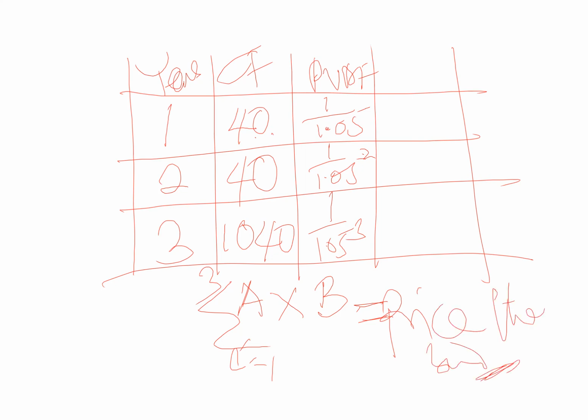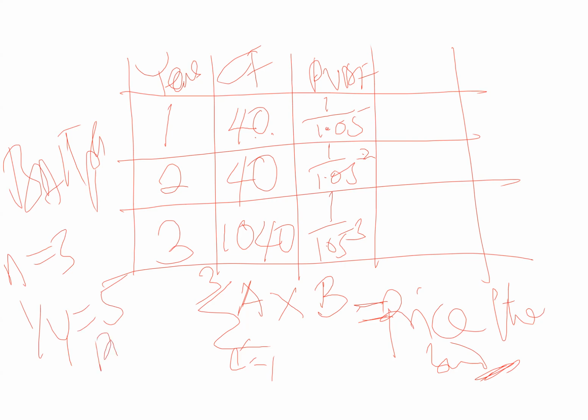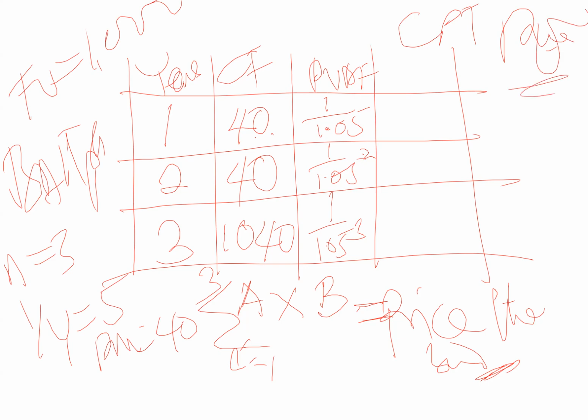Which also means that with your BA II Plus, N is equal to 3, I/Y is equal to 5, payment is equal to 40, face value is equal to 1,000, compute the present value. That is the same thing. Is that okay? So when you do that, you get a price.